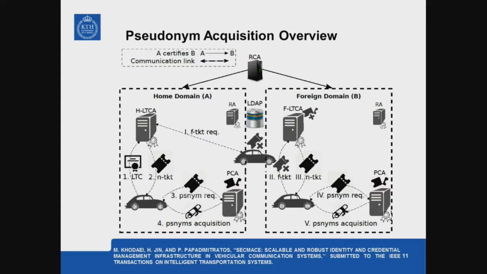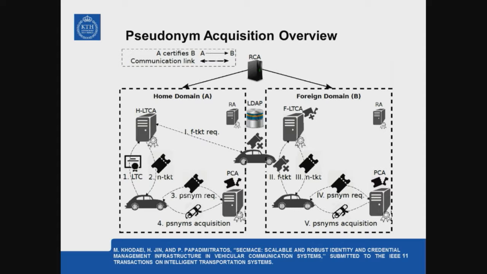In this way, the transport agency doesn't know where you want to go, how long you want to drive, and it doesn't know what your corresponding pseudonymous certificates will be. On the other hand, the pseudonym provider doesn't know your actual identity, and it cannot link the pseudonyms even if they come from the same requester.